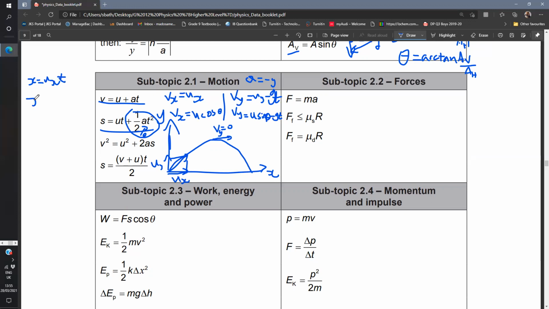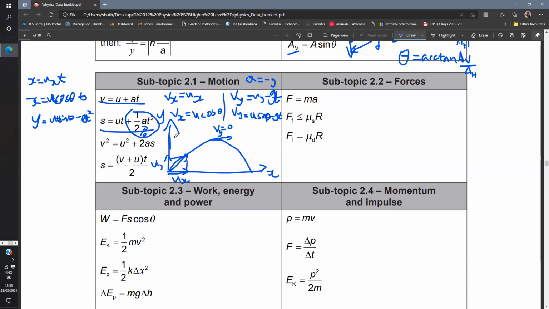And when we substitute the value for ux, this will give us ut cosine theta. And for y, since we have an acceleration, it's going to be ut sine theta minus half gt squared.